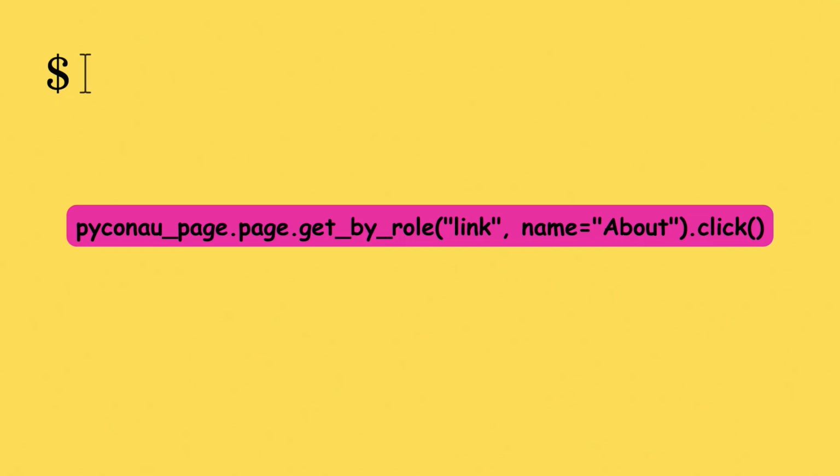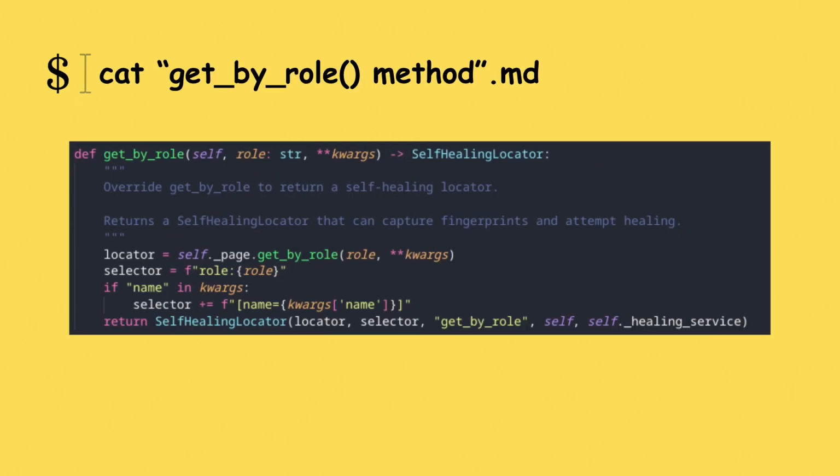So we already know from the flowchart what is the flow of the system. But what happens in the code when I use the fixture PyCon AU page with healing capabilities inside my test and tell Playwright to click in that About link? First, the getByRole method inside self-healing page will return a self-healing locator.